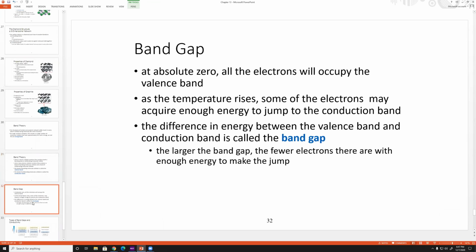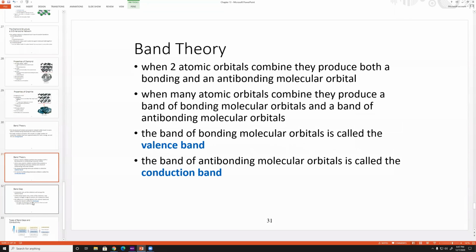And then band gap. This means that when you have a difference between the valence electrons band and the conductive band, you're going to have a band gap.